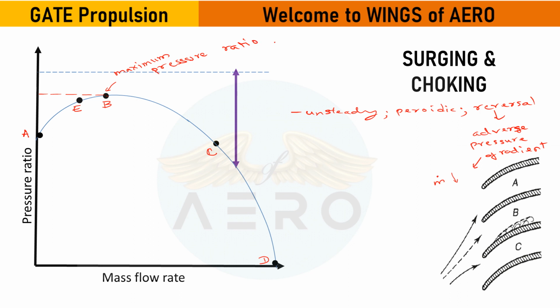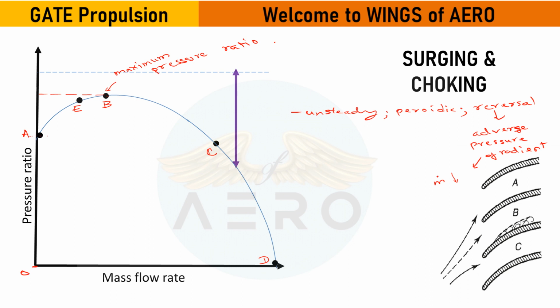Obviously, it's a graph between the mass flow rate and the pressure ratio. What you can observe at point A, let's start from 0: here the mass flow rate is 0, right? But still there is some pressure.